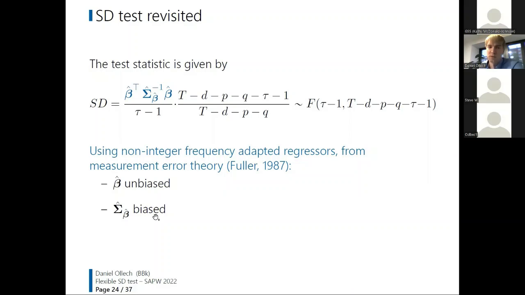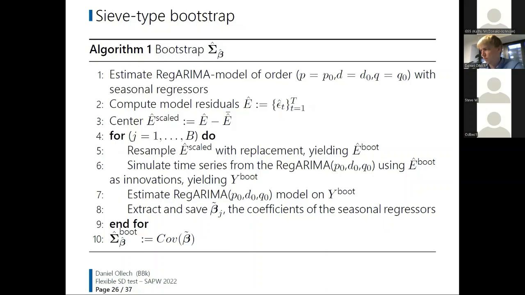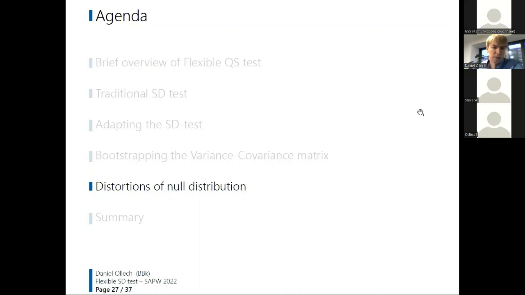And one solution then is to bootstrap the variance covariance matrix. Here, this is a sieve-type bootstrapping algorithm that I devised and adapted from the bootstrapping of ARIMA models for prediction intervals. I'll leave that as a reference, but I'm going to skip it due to time concerns here. And instead, I'll show you some results.